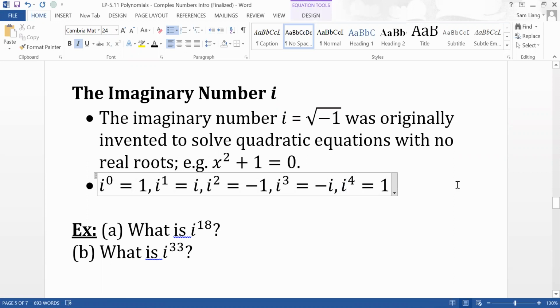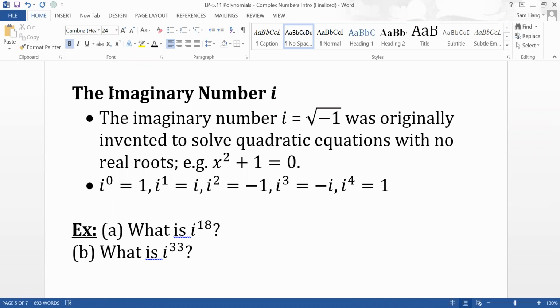One thing I should mention is, even though we call it the imaginary number i, the mathematicians who were working with imaginary numbers at first thought it didn't have any real life application, so that's why they called it imaginary.